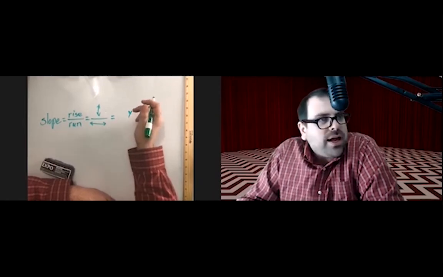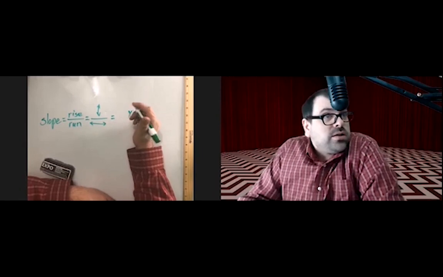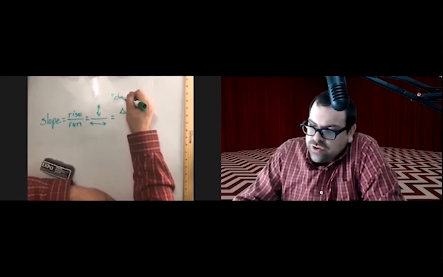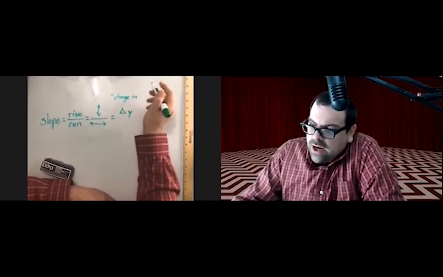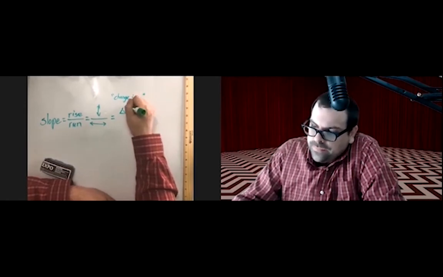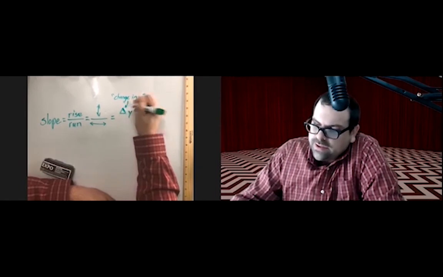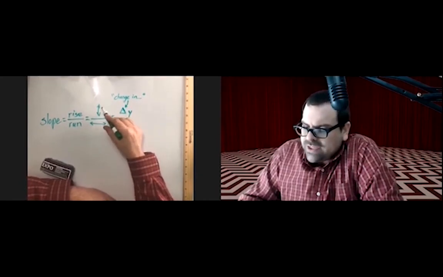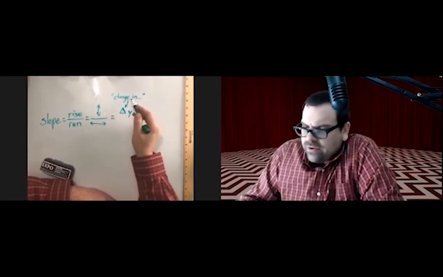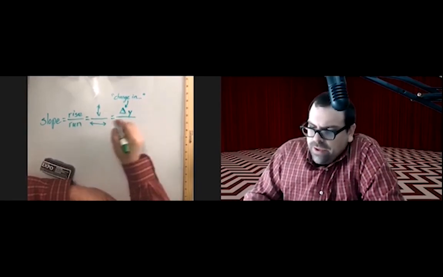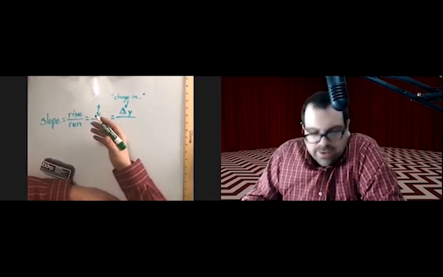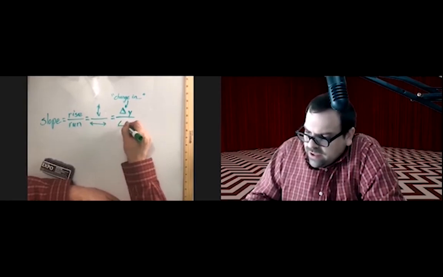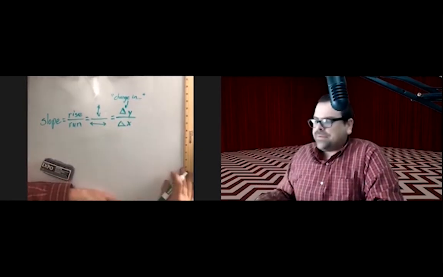And how much we go up or down from where we start to where we finish could be considered the change in y. And this Greek letter delta, this triangle, mathematically means change in. So how much we go up or down from one point to another, that would be our change in y. How much we go left or right, that's our x. So from one point to another, how much we go left or right would be the change in x.